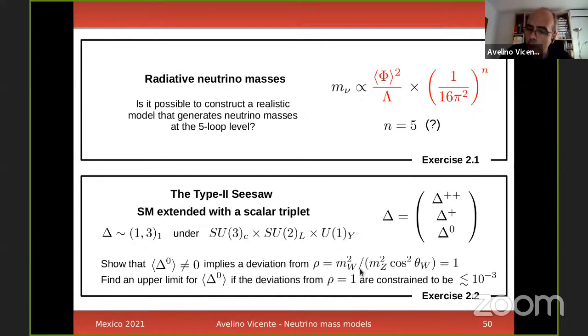And it's the relation between the W boson mass and the Z boson mass times cosine theta W. So what I ask you to do is to calculate what is the rho parameter in the presence of delta when delta gets a VEV. And you should find that it deviates from 1. It's not 1 anymore. So what is the value that you can have of this VEV if you want rho to deviate from 1 by not more than 10 to the minus 3?